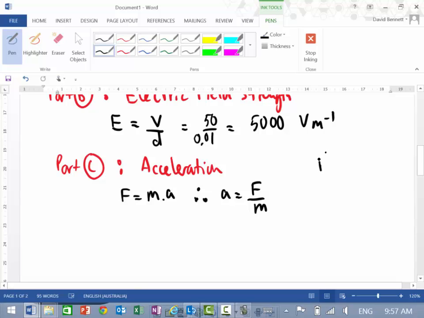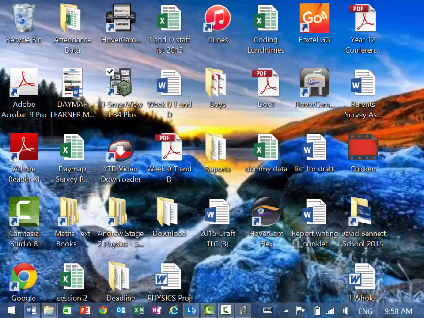We do know that E is equal to... No. Get your formula sheet out. What do we know about electric field strength? Electric field strength is a relationship with force. You need to be able to identify these things so you can derive them.